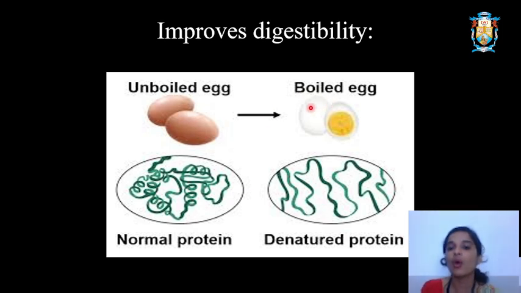Here also you can see the white gets cooked properly. The yolk also gets cooked. So why? Because there is a change in the protein. The denaturation of the protein occurs. The unfolding of the protein strands occurs. It is not only beneficial for the quality purpose but also the availability of the proteins increases. That's how it is helpful. It improves digestibility not only for egg. You can talk about the meat products.